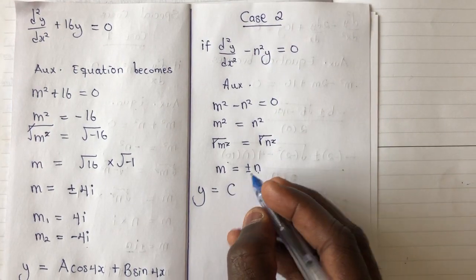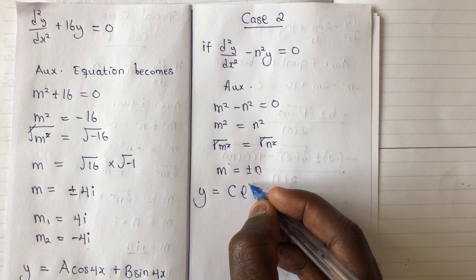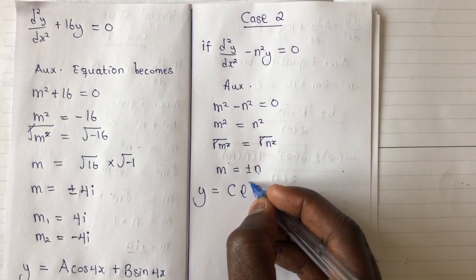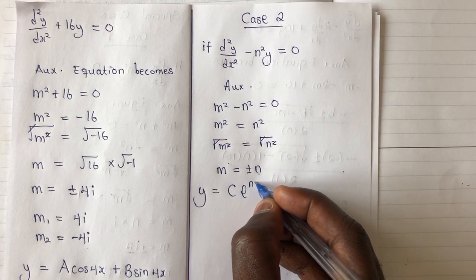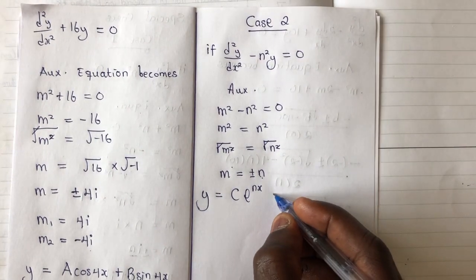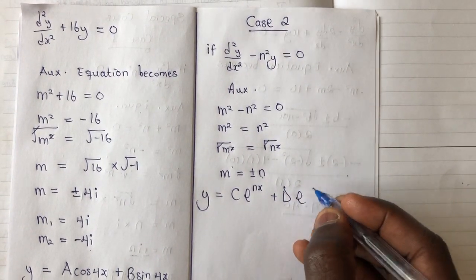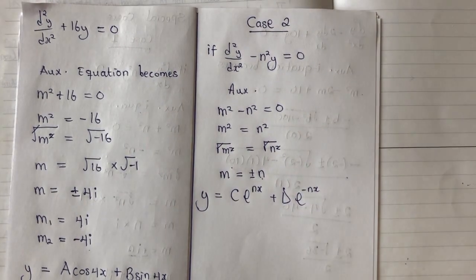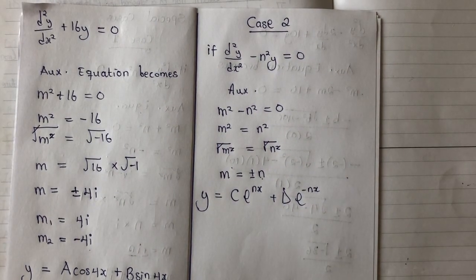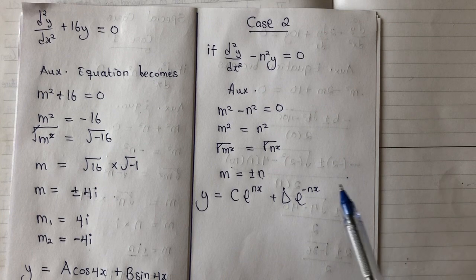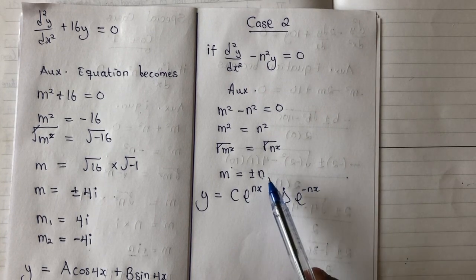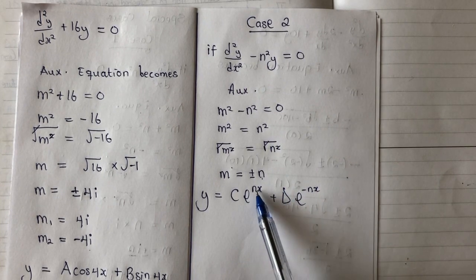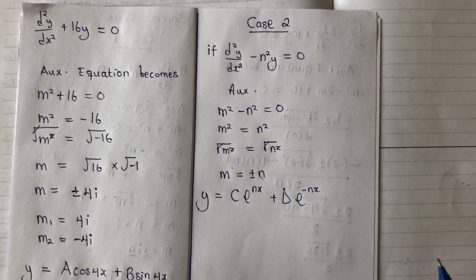So c e raised to the power the first positive number nx plus d e raised to the power the negative number minus nx. You all understand? So that if I have a value for n, one will be positive, one will be negative. The positive side first, then the negative side.